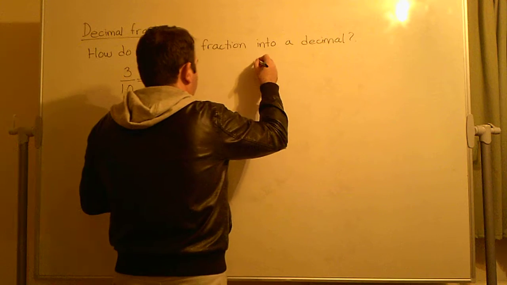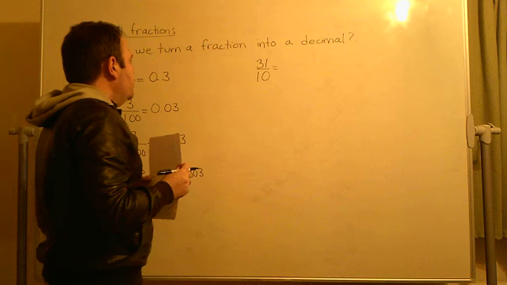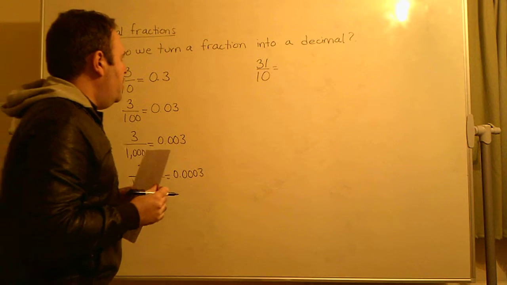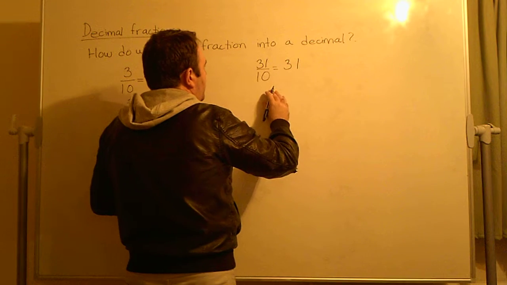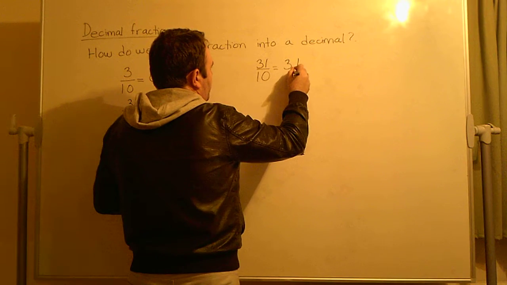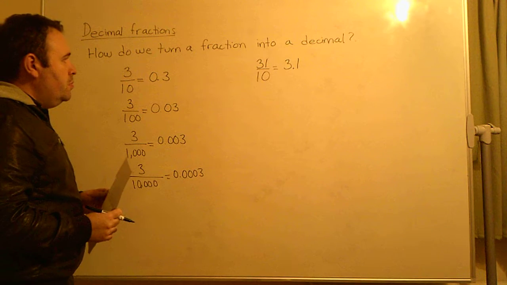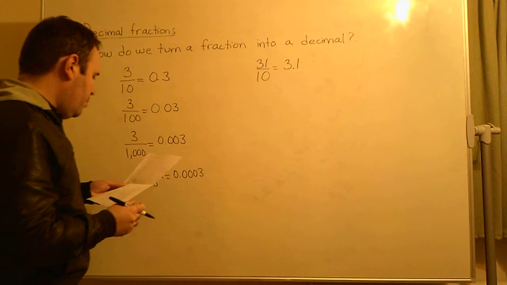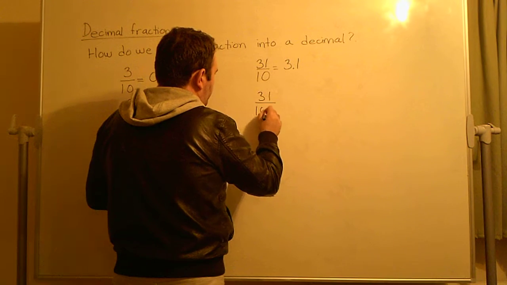For instance, 31 tenths. In this case, we write down 31 and then we take 1 place. Okay? Another example. 31 hundredths.